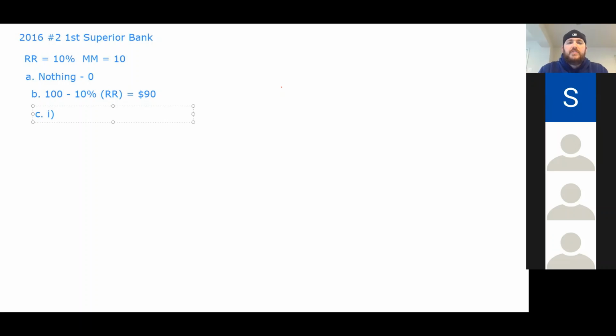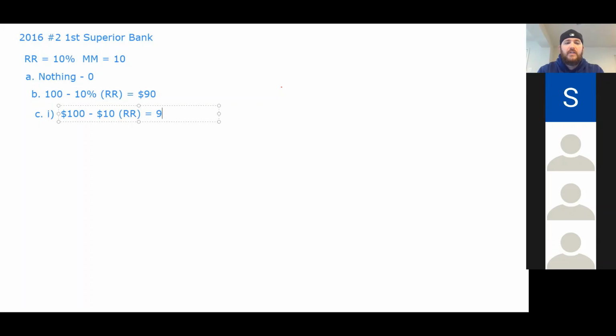For loans, we want to see the new maximum loans. We know that there is a reserve requirement on each additional deposit from here on out. So in this case, we take the $100 deposit and subtract $10 because it's the reserve requirement.